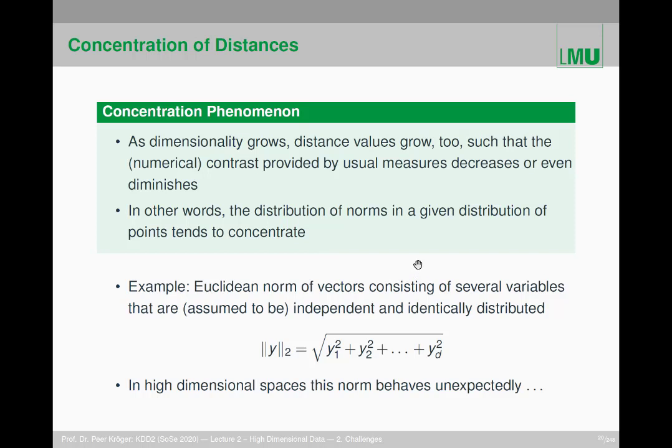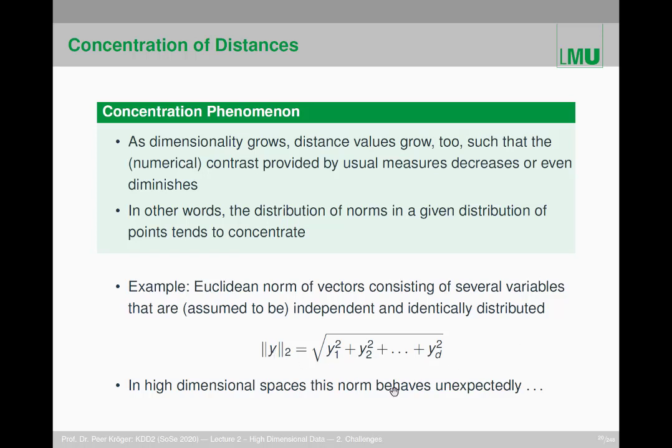And to illustrate that, we have another example with the Euclidean norm. The Euclidean norm of vectors consisting of several variables. We assume that those variables, the features, are independent and identically distributed. Then the Euclidean norm of a vector is computed like this, which is the distance if you represent this vector here as the difference vector between the corresponding points.